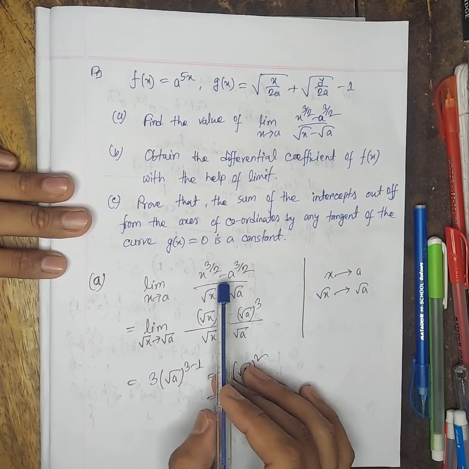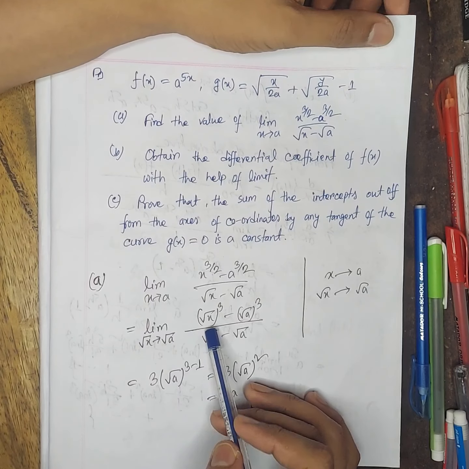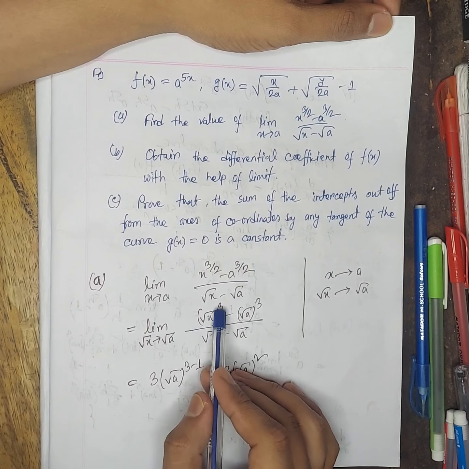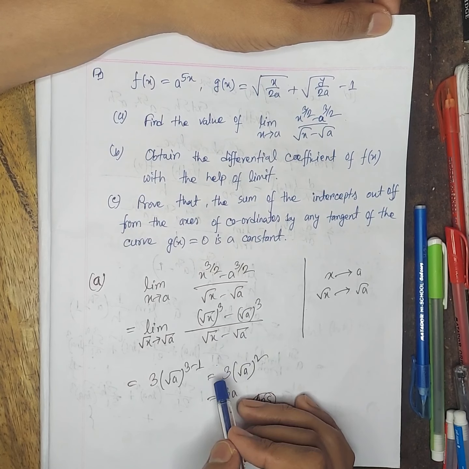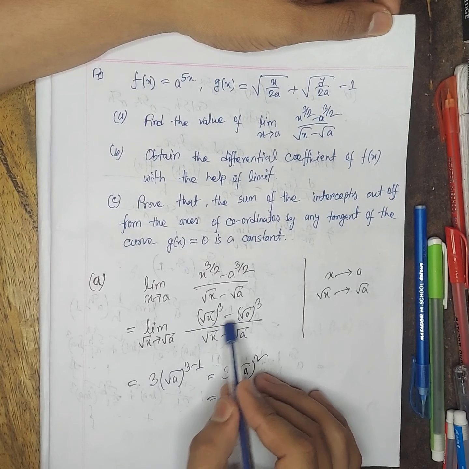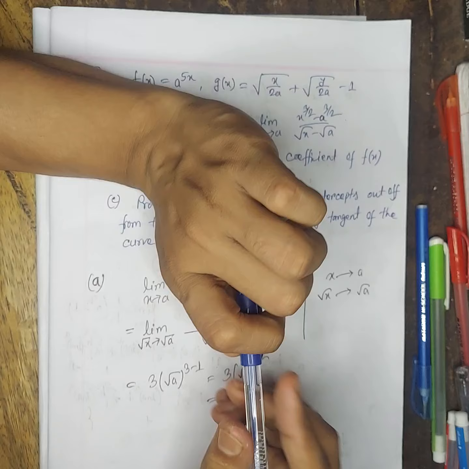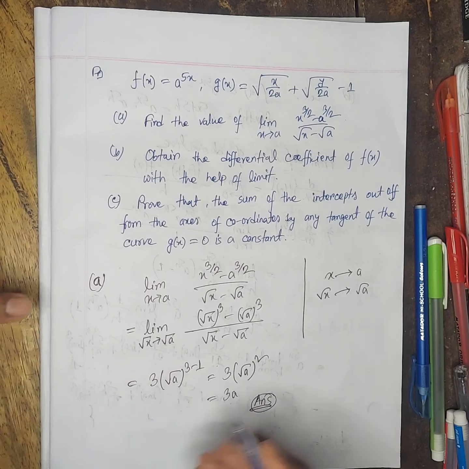Okay, now from part A, we are given this. We can write this x to the power 3 by 2. We can write this as root over x whole cube, and this also as root over a whole cube. Then we have a formula. From here we can write 3a to the power 3 root over a to the power minus 1.